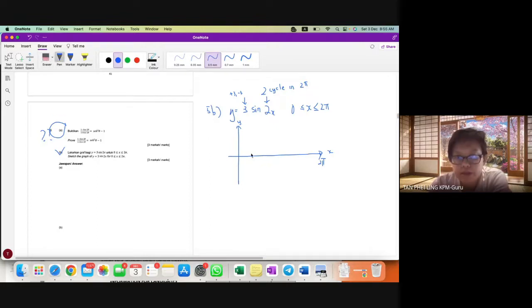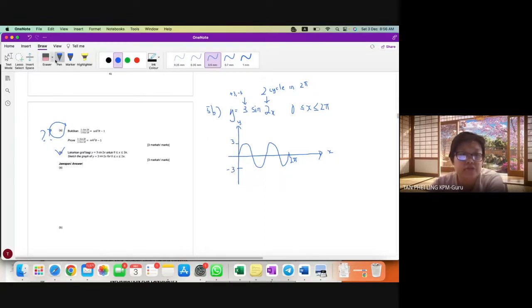One more time. Sine, 1, 2. Okay, this one looks nicer. 2 pi. And then they just want the negative 3 and 3, right? That's it.